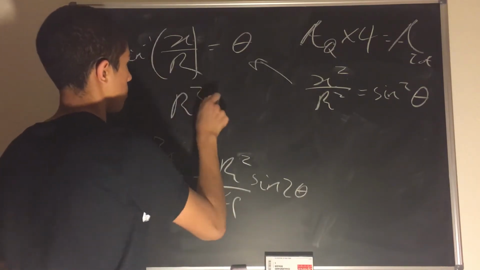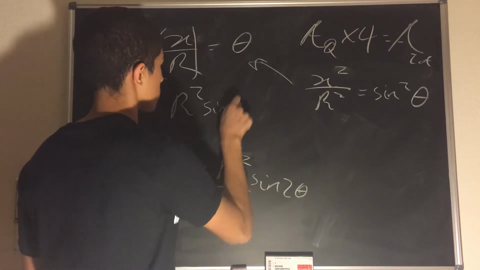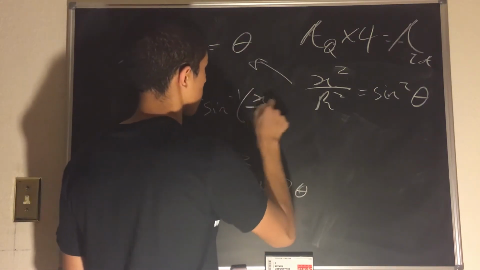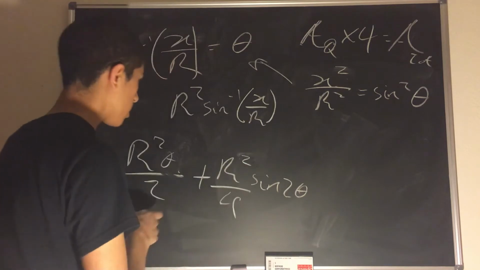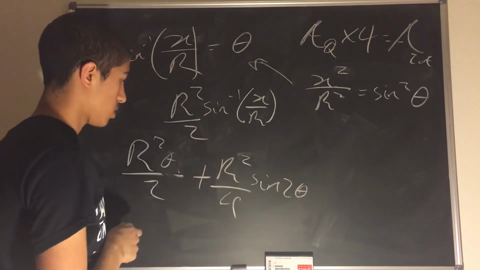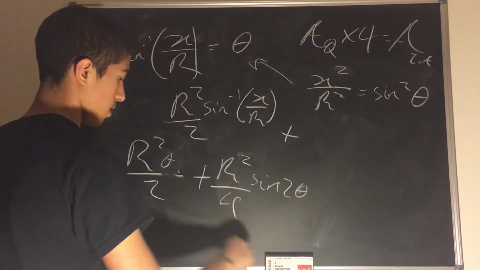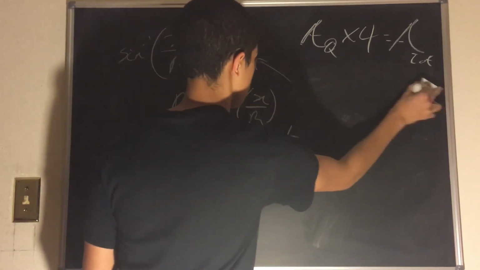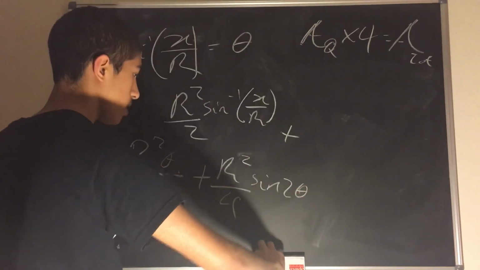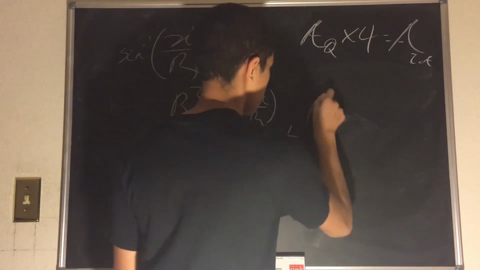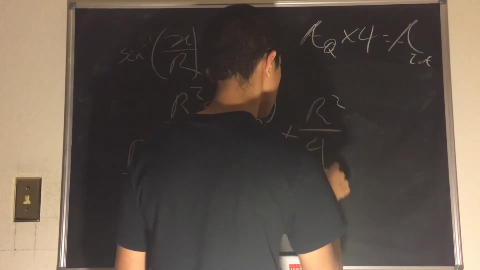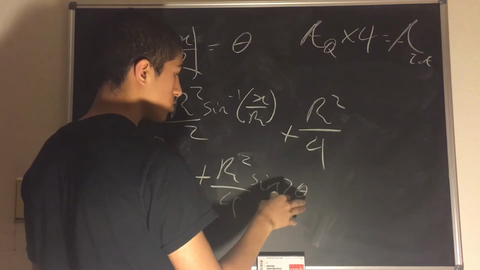So r squared sine inverse x by r by 2 plus, and then r squared by 4 times sine of 2 theta.